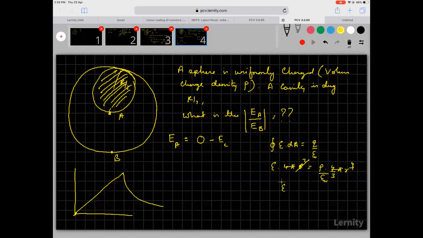So the electric field is simply rho R by 3 epsilon naught. Here R is R by 2, so it becomes rho R by 6 epsilon naught. So the electric field at A will be minus rho R by 6 epsilon naught.